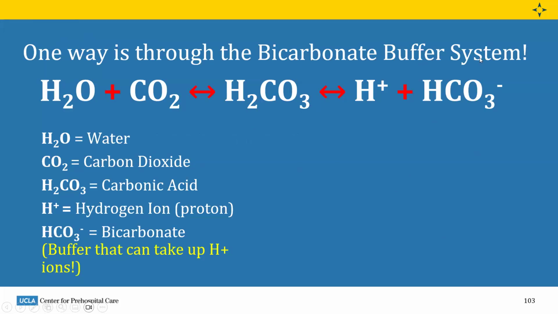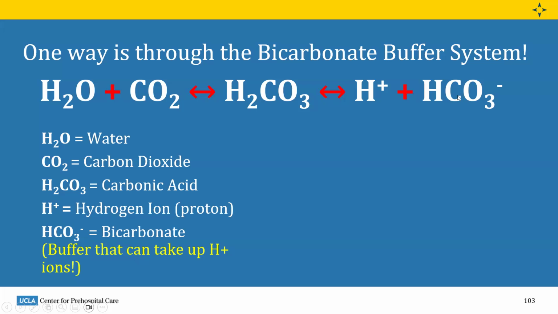We talked about our buffer system. Carbon dioxide dissolves in water to form carbonic acid. That typically will right away give away one of its hydrogen ions and form our buffer system.